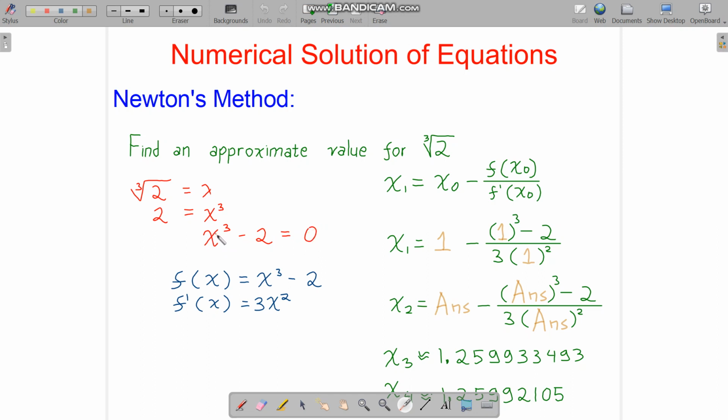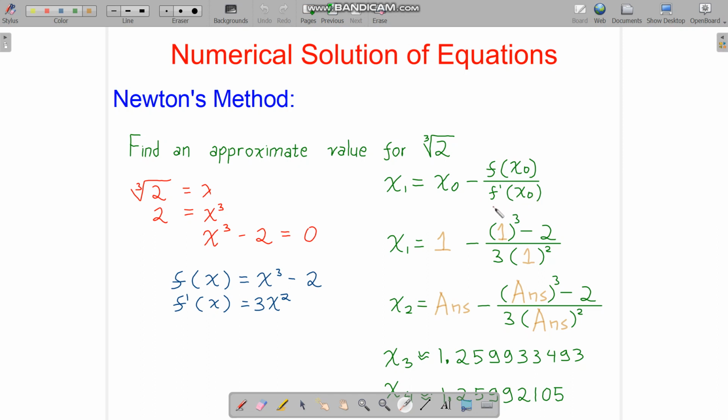So we have this function and something equals 0, so we are finding the x-intercept of this function. So the function is x cubed minus 2, and f prime is 3x squared. We differentiate, and the x1 formula, so the next x value is the previous x value minus f of x naught divided by f prime of x naught.